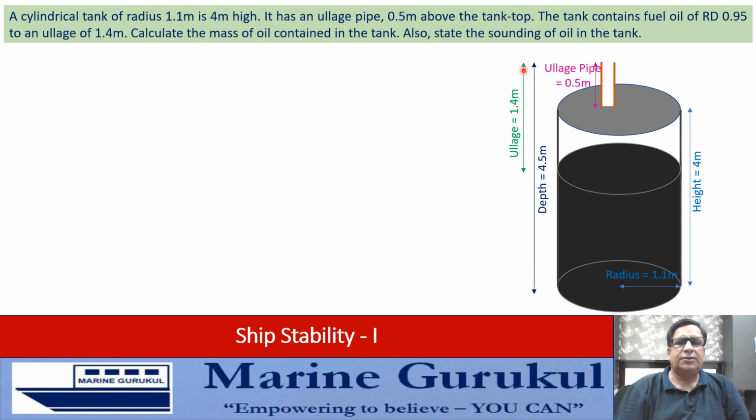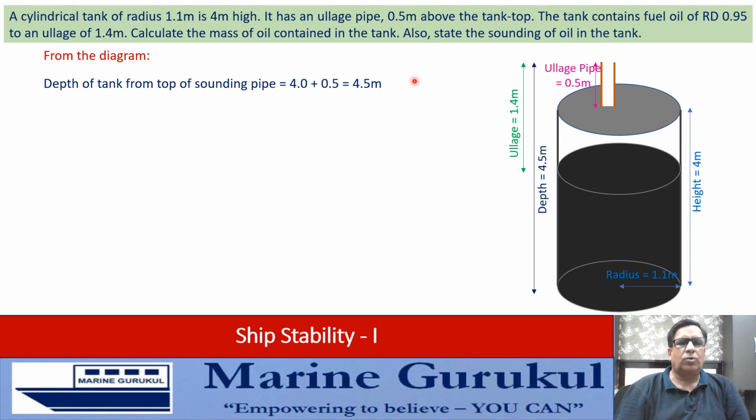The way ullage is the depth of the free space in the tank, the depth of the liquid in the tank is referred to as sounding. So the sounding plus the ullage shall constitute the total depth of the tank from the top of the ullage pipe.